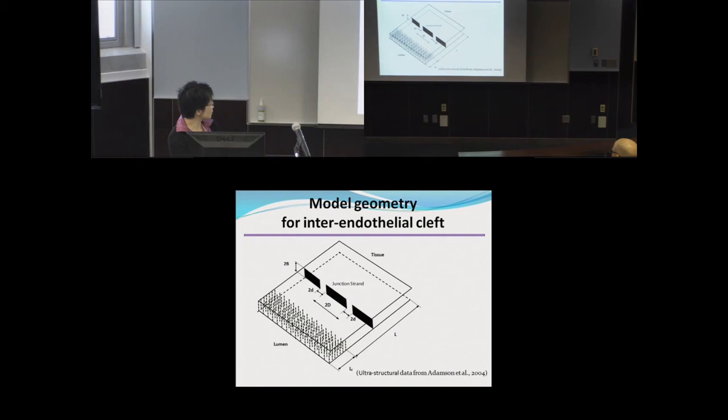And inside you have a junction strand with pores, and the ultrastructure data is from Tom in 2004 for the same type of post-capillary venule. Okay, this is the model geometry. Based on the model geometry, we can calculate the permeability to water and the solutes. Okay, and here is our prediction.